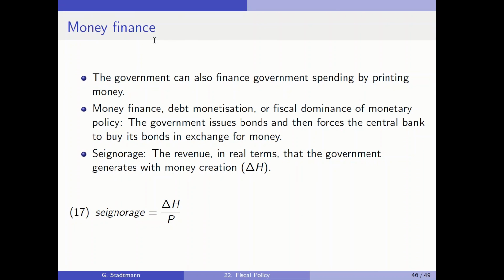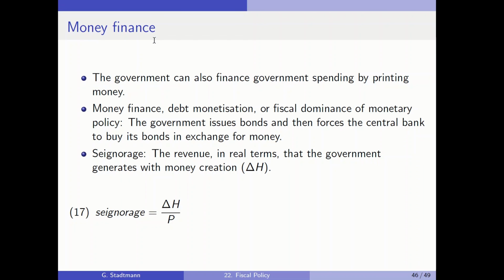By this procedure, the government is able to receive revenues, and we call these revenues seigniorage. Seigniorage is defined as the revenue in real terms that the government generates with money creation. So here you can see a delta H, a change in the monetary base.